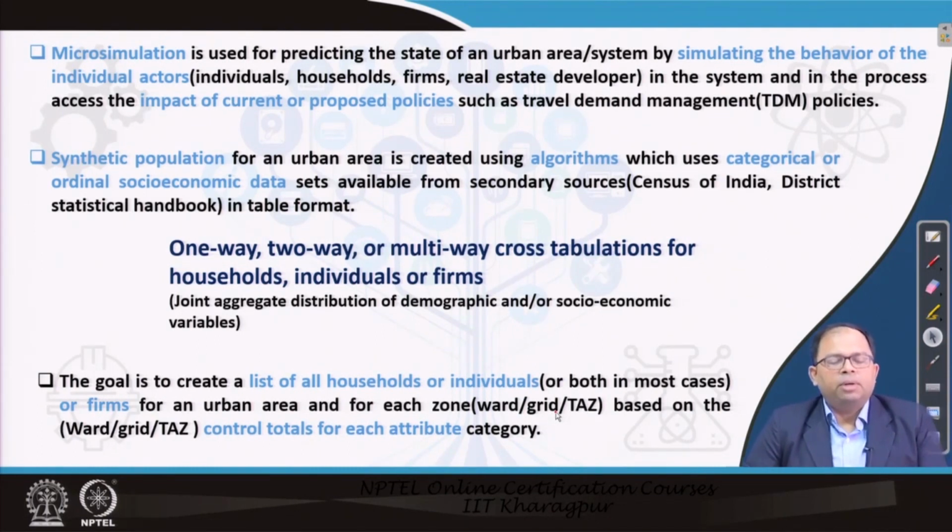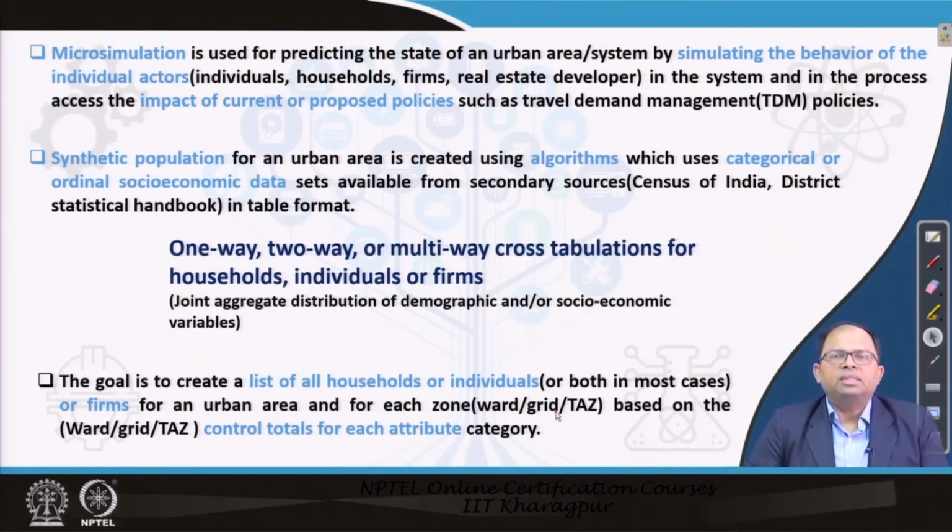Now, a synthetic population for an urban area is created. As we discussed, there is a need to create a synthetic population. It is created using algorithms which use categorical or ordinal socioeconomic data sets available from secondary sources like Census of India, District Statistical Handbook in table format.